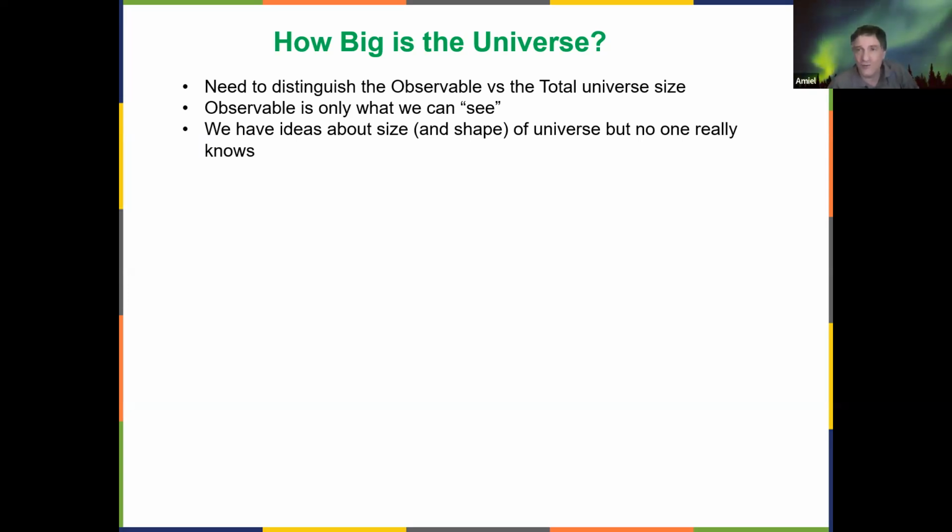We don't know. Is there a multiverse? We don't know. The only thing that I ever have to say in this class is about the observable universe. What is actually seen? Total universe is very mysterious.